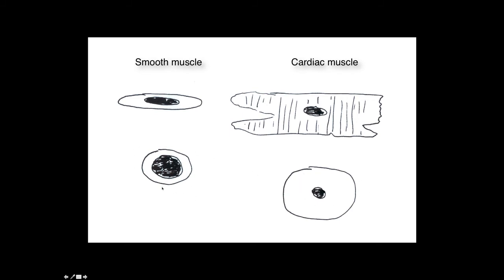Notice that in the smooth muscle cell, the nuclear to cytoplasmic ratio is much higher than it is in the cardiac muscle cell. And so that is sometimes a good way to help you diagnose the difference between smooth muscle cells and cardiac muscle cells. Simply look at the nuclear to cytoplasmic ratio.